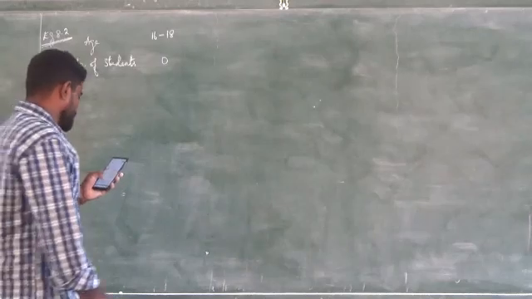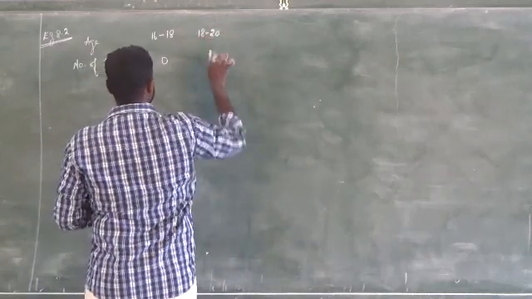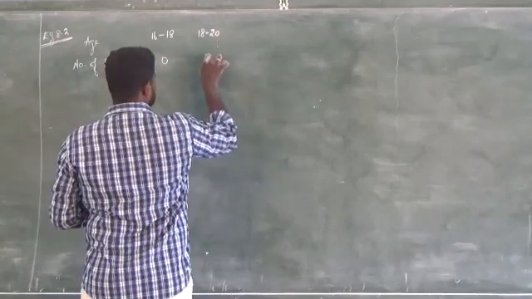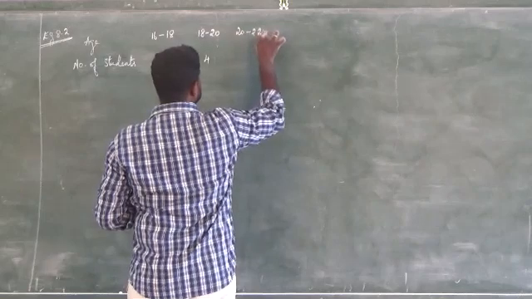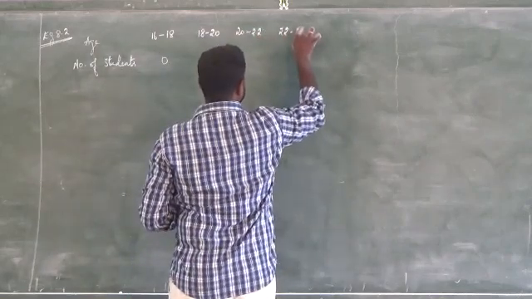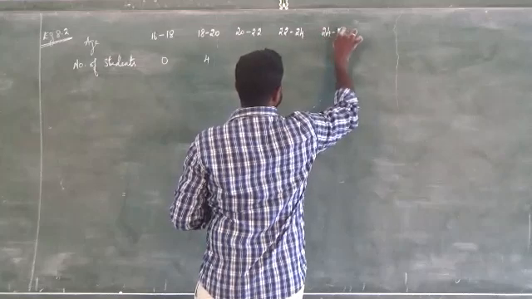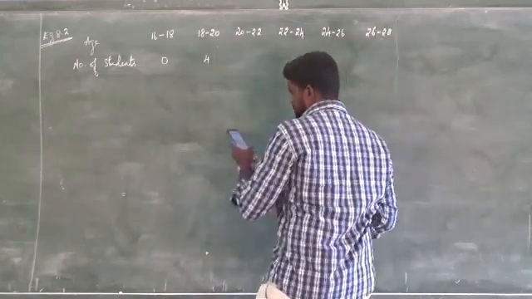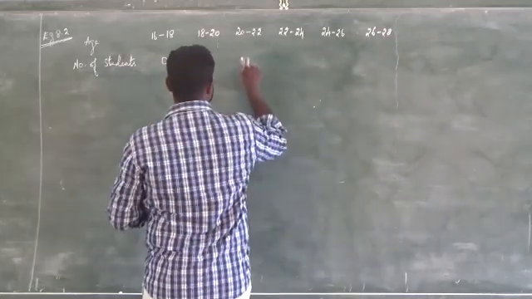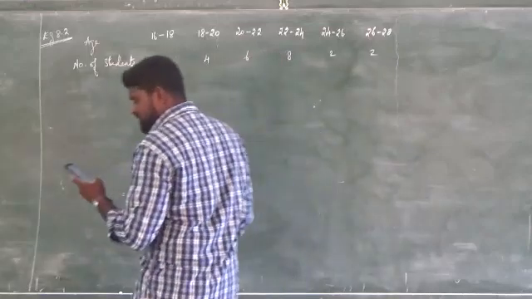There is no student in that age group. Then the next age group is 18 to 20, with 4 students. Then 20 to 22, 22 to 24, 24 to 26, and 26 to 28. Students are 6, 8, 2, 2. So this is the given question.